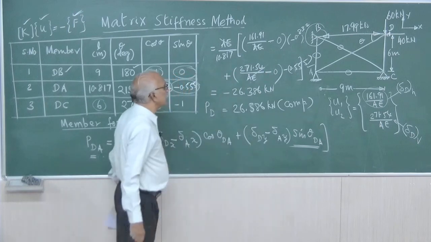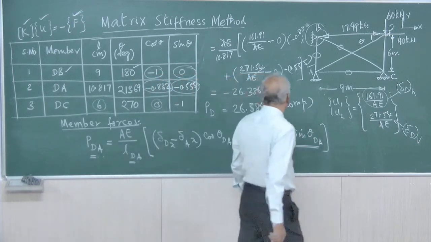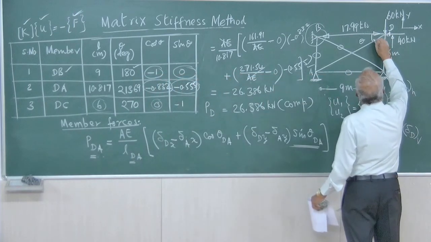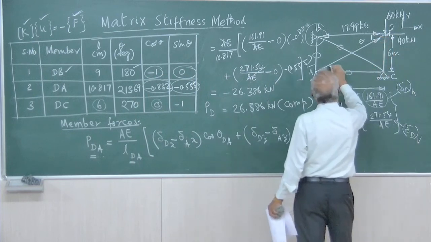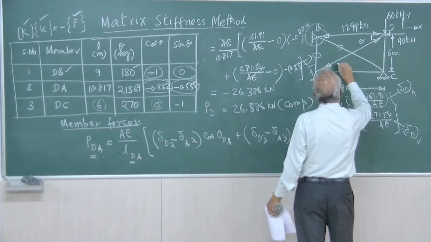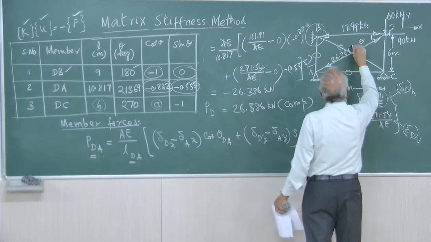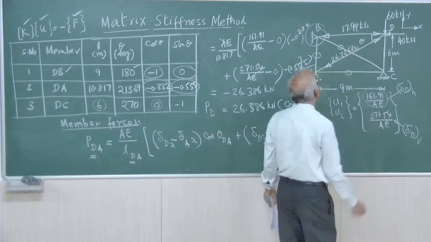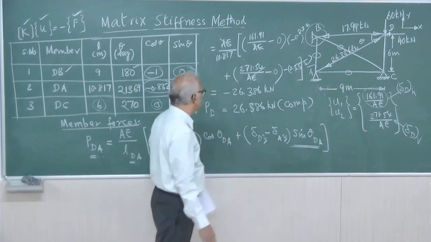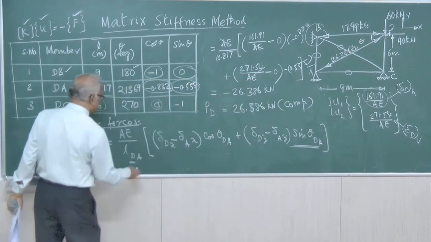So dA is compression. So arrow towards the joint. So the value is 26.386 kilonewton.